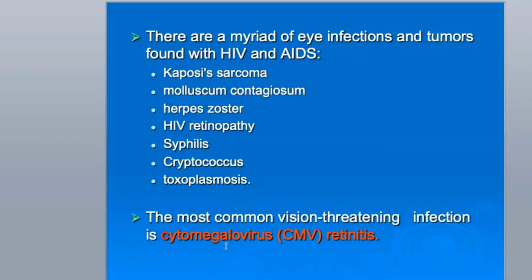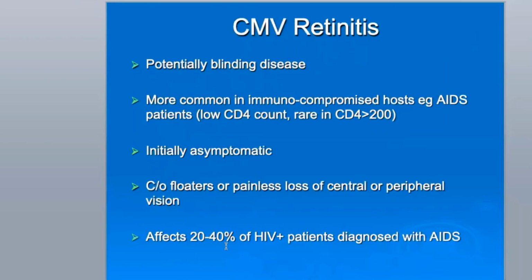Let us concentrate on CMV retinitis, cytomegalovirus retinitis. Potentially it's a blinding condition. It usually occurs in those with a very low CD4 count. Patients can be very asymptomatic, no complaint at all, but they have a lot of retinitis.